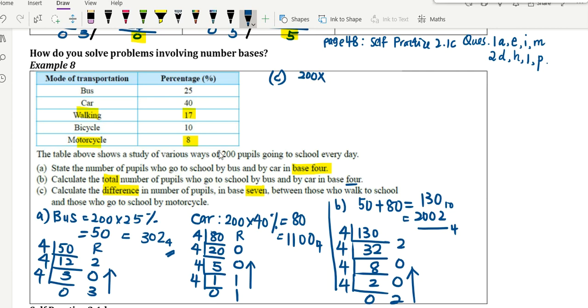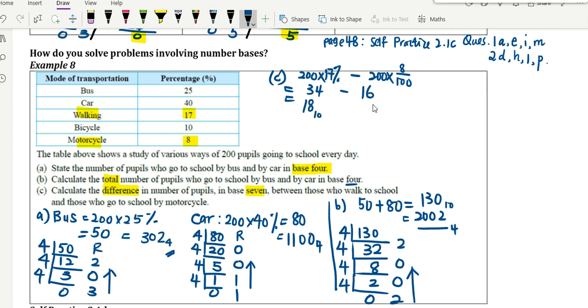Difference, right? So 200 times 17% first, we have to find how many, minus 200 times 8%. Okay, bear in mind 8% you can also write as 8 over 100. Using the calculator, this is 34 minus 16. You get 18.